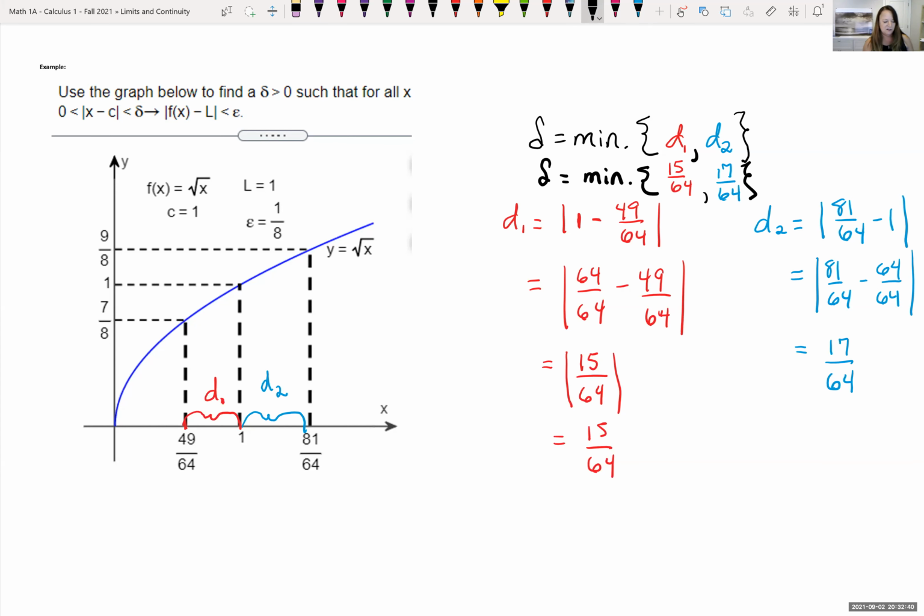So minimum of 15/64 and 17/64 is going to be 15/64. So delta would have to give us 15/64.